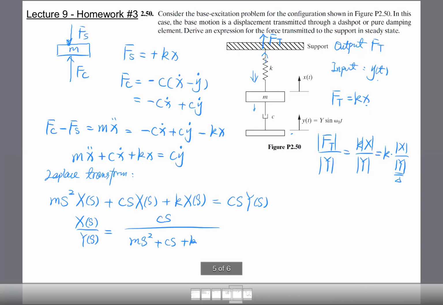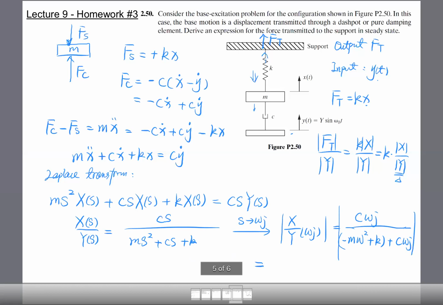And then in order to get this amplitude ratio, we replace s by omega j and then calculate the norm. So cs becomes c omega j. Your s squared becomes minus omega squared. So the denominator is k minus m omega squared plus c omega j. And then you need to calculate the norm.